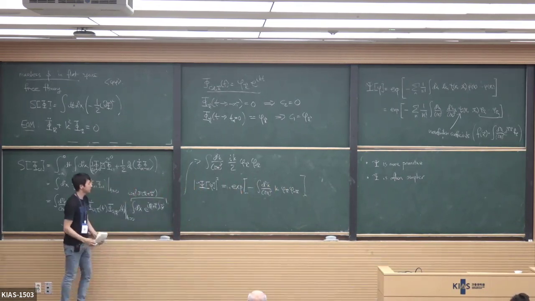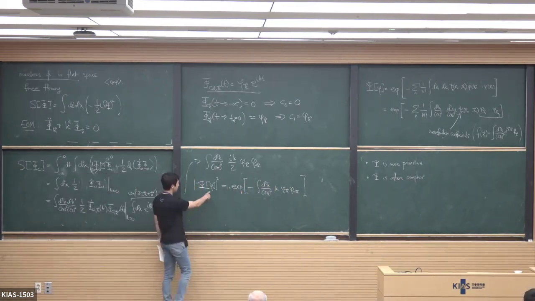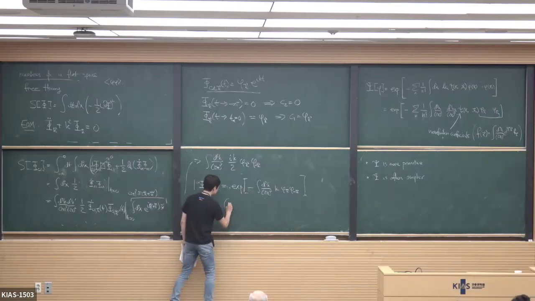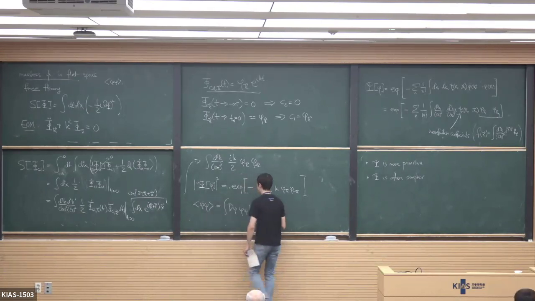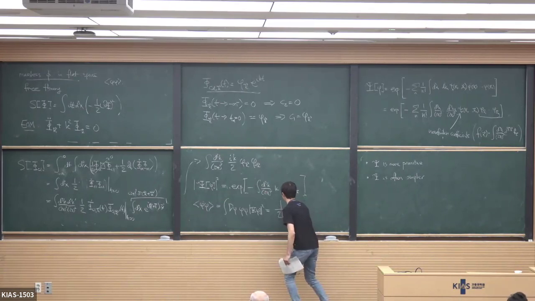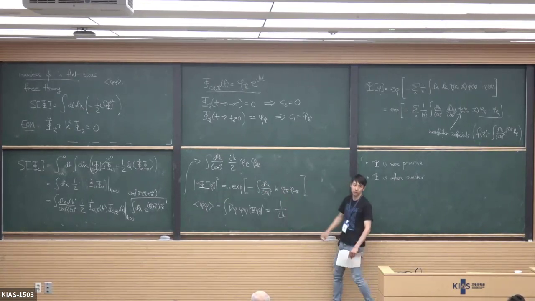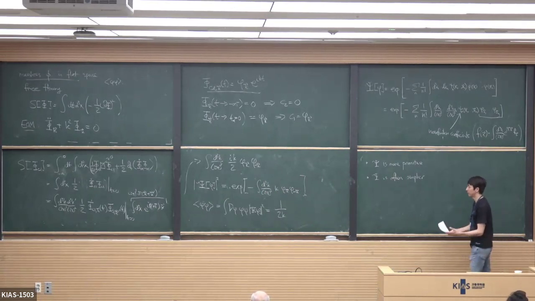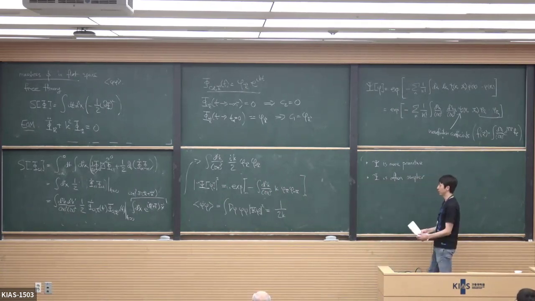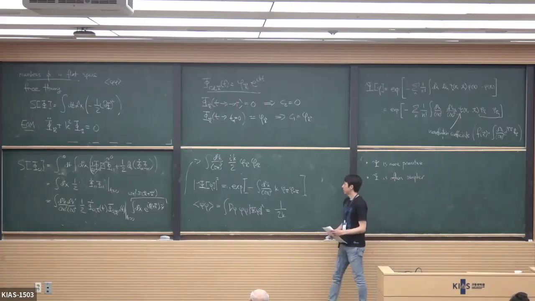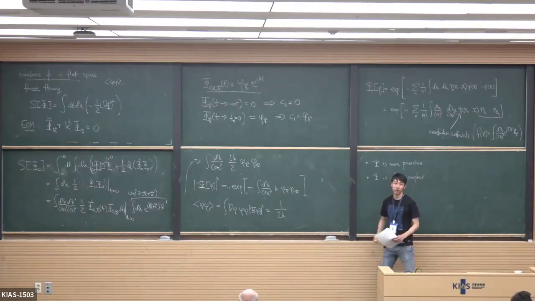Now you can do the Gaussian integral to get the final answer for this. Okay, so when you do this Gaussian integral with some appropriate normalization, you will get 1 over twice k from this. Okay. So it's consistent with the expected form for the answer. Any question about this 2-point calculation?